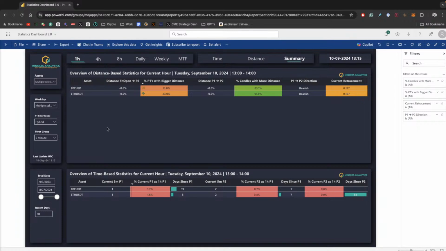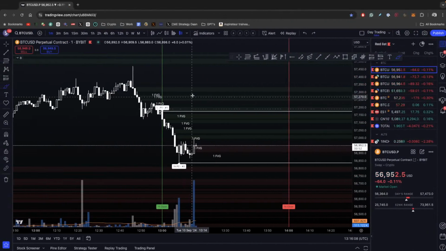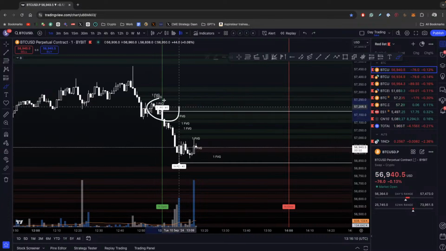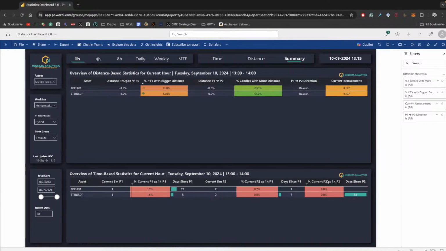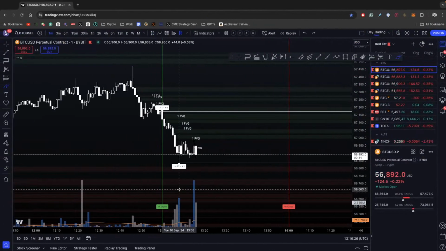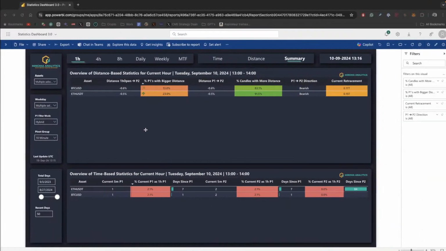This is obviously the New York Open candle, and we can see that it has been 19 days since Bitcoin put in the 1 hour P1 during the first 5 minutes, right? And that's actually quite rare. But in this case, I'd probably go for the 10-minute pivot group, so I can see how long it's been since the first 10 minutes put in a P1, and that's been 7 days. So it's not that weird. But anyway, you can see that so far, this 13%.